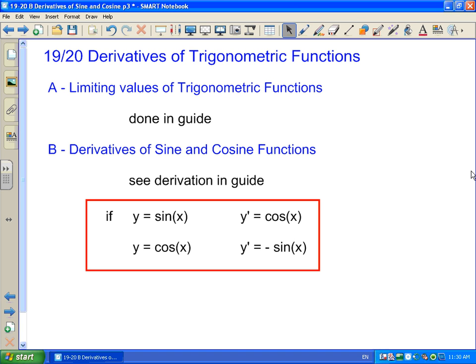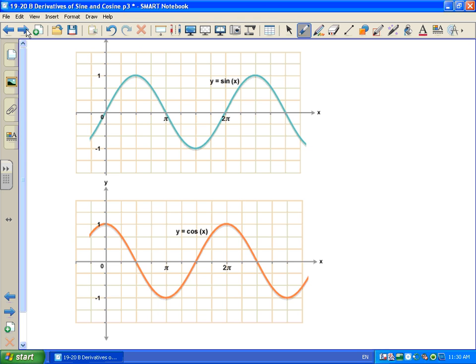Okay? So sine x and cosine x are kind of derivatives of each other, with the derivative of cos x being negative. So these are fairly straightforward to remember. And if you want to see some justification for this, we can look at the graphs of sine x up above, cos x down below.